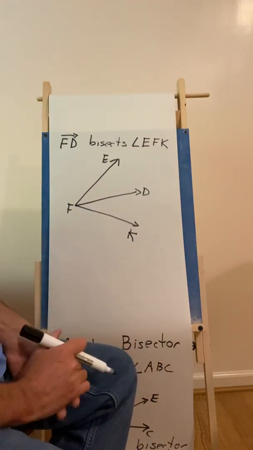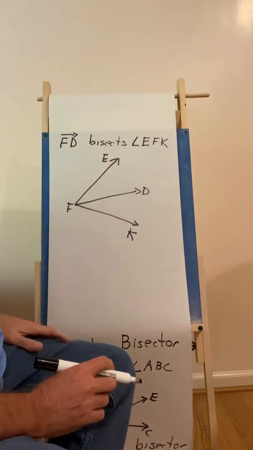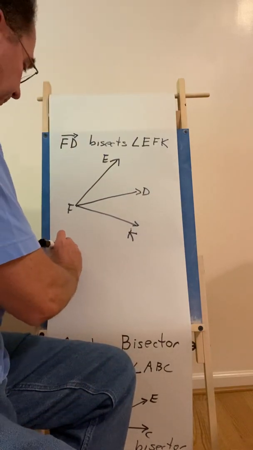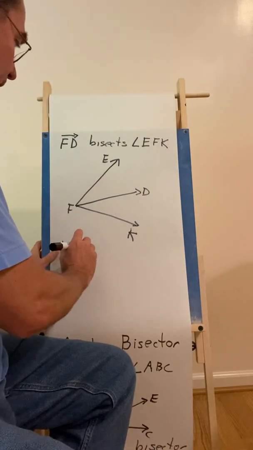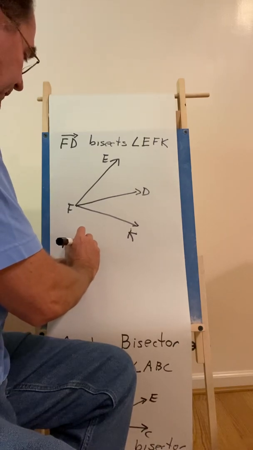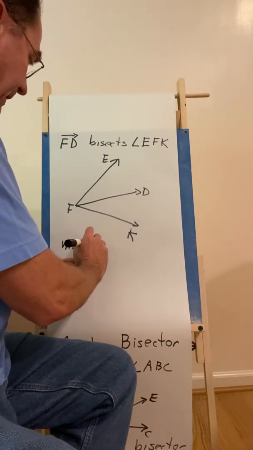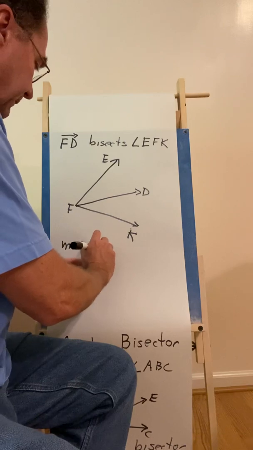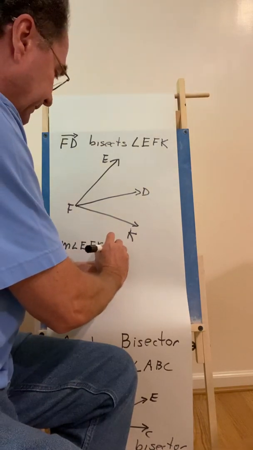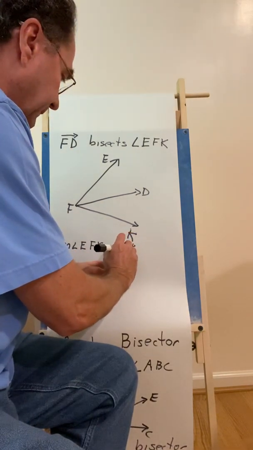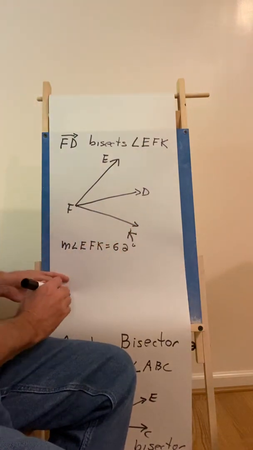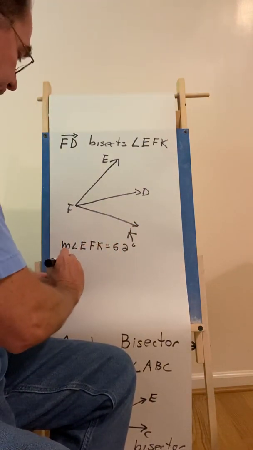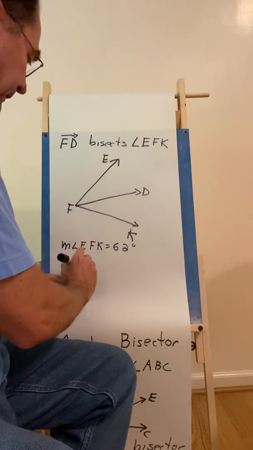Okay, so now I'm going to give you some problems. So, what if the measure of angle EFK equaled 62 degrees? What would be the measure of angle EFD?